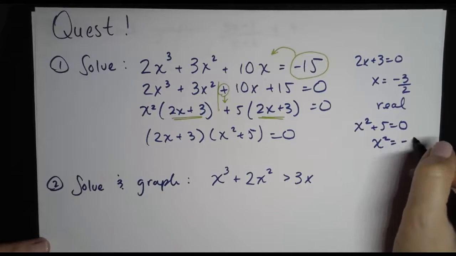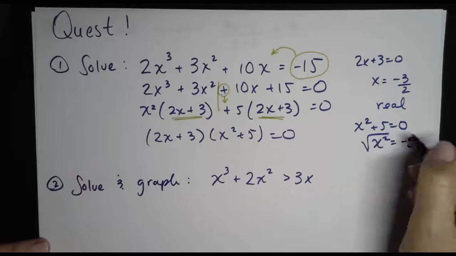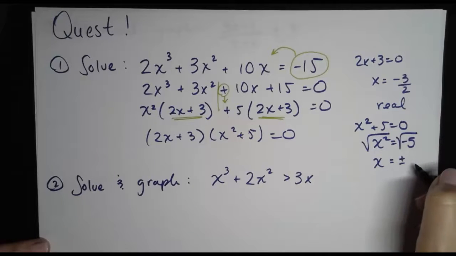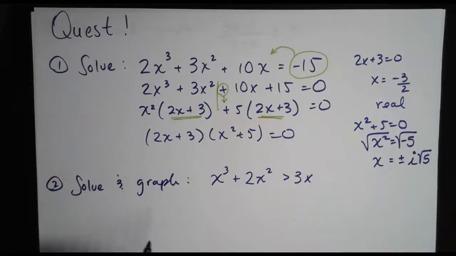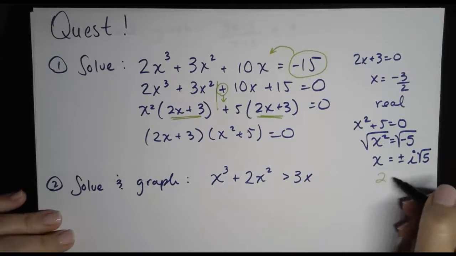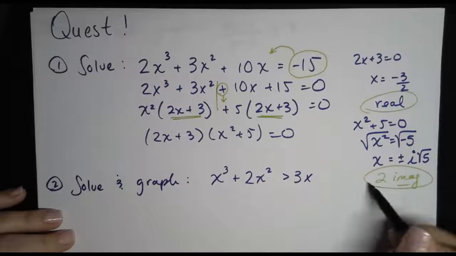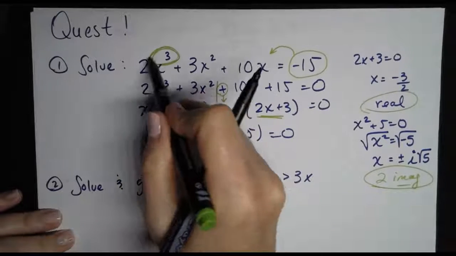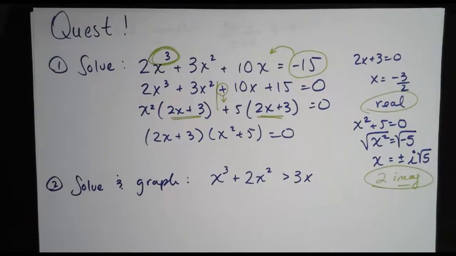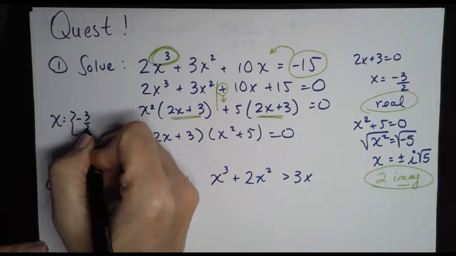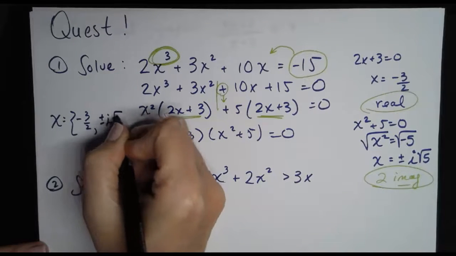X squared equals negative 5, square root, x equals plus or minus i root 5. So this is our two imaginary solutions. So we've got one real, two imaginary, fulfilling our need for 3 solutions. So our solution set is negative 3 halves and plus or minus i root 5.